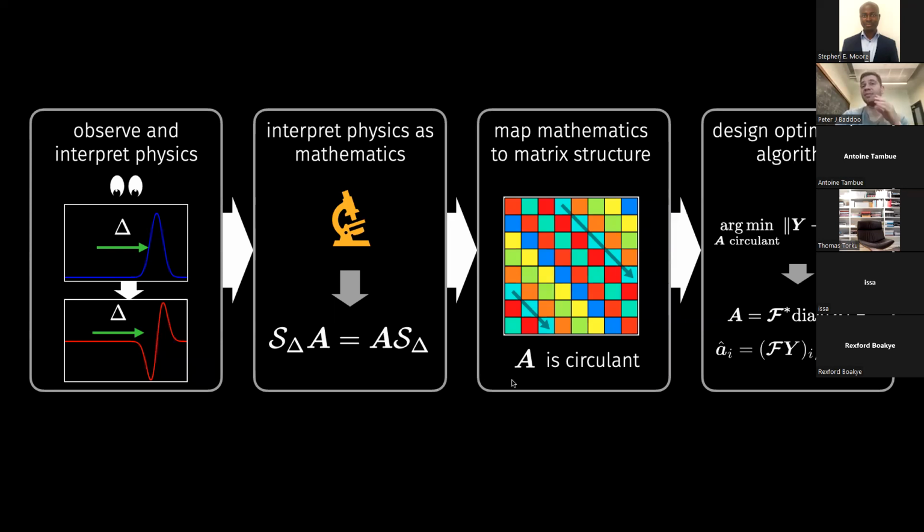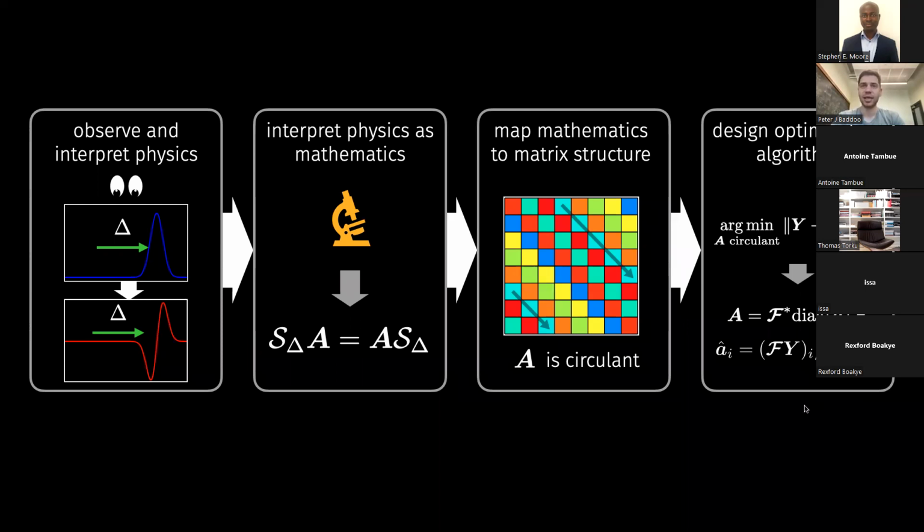The next step was to translate that into a matrix statement: the matrix A is circulant, it's periodic. And the last step was to solve the optimization problem to find the A that minimizes this cost function.